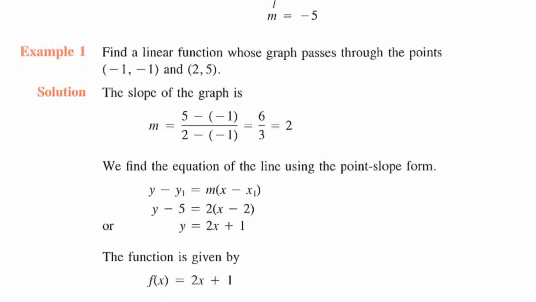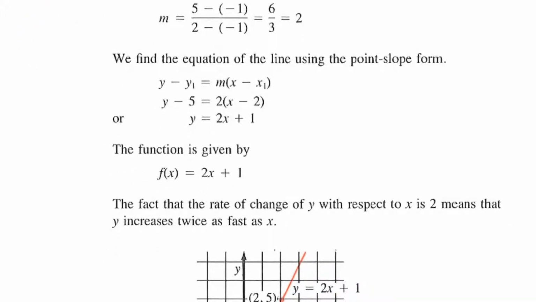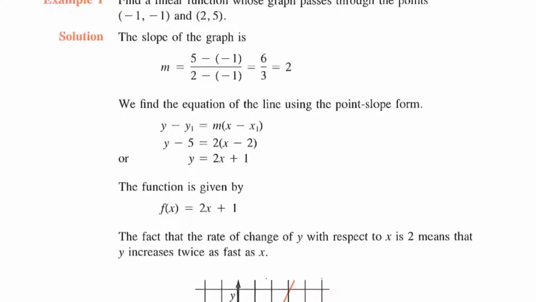The equation of the line is y minus y1 equals m times x minus x1. m is the slope. x1 and y1 are the coordinates of one point on the line. We choose (2, 5). The equation would be y minus 5 equals 2 times x minus 2, which can be simplified as y equals 2x plus 1.